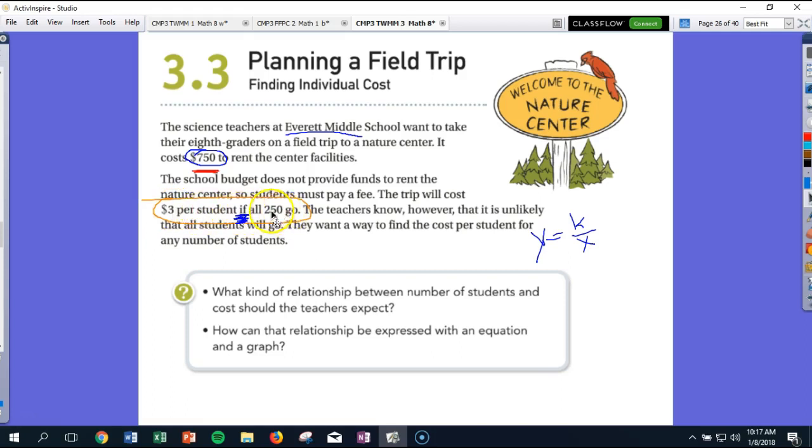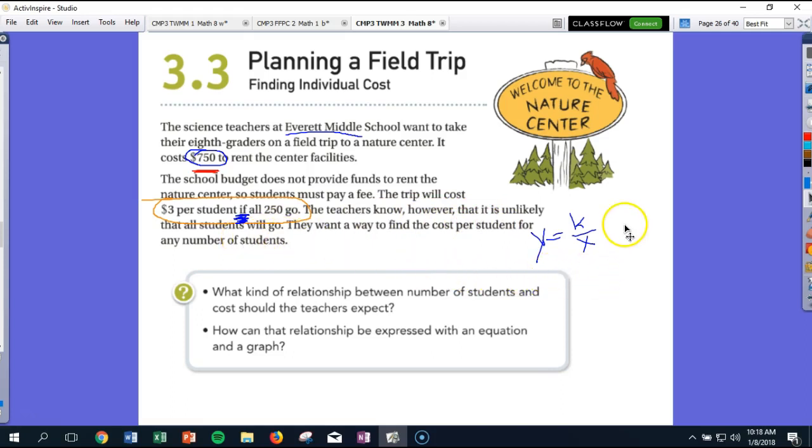Now, there's 250 total students. If all of them go, then it will cost $3 per student. So $3 times 250 people equals $750. But the teachers know that it's unlikely that all of the students will go or that all will be in attendance that day. So they want to find a cost per student for any number of students, no matter how many wind up going.